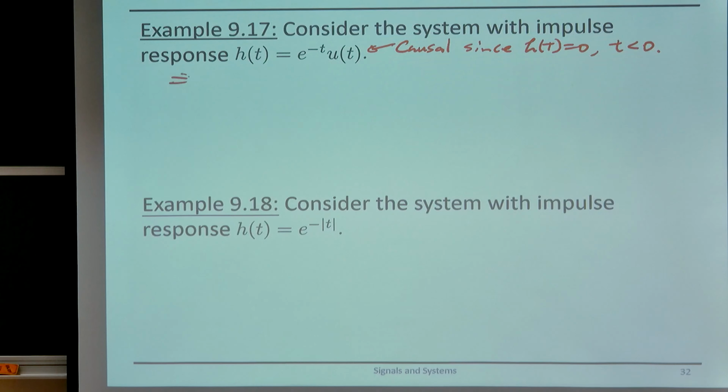And you can see that the Laplace transform, which we know is 1 over s plus 1 with region of convergence greater than minus 1, indeed has a region of convergence that is the right half plane.